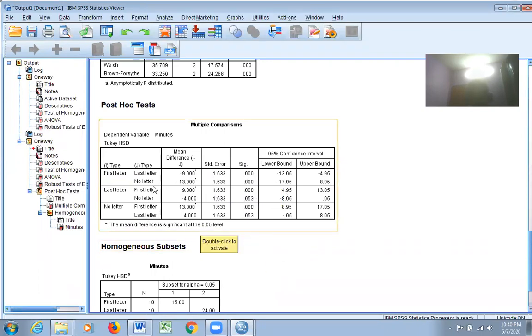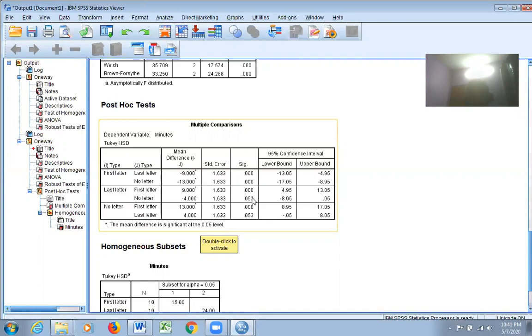Here you can see that there is a significant difference between those who received the first letter and those who received the last letter. In the same way, there's a difference between the groups of respondents who received the first letter and those who received no letter. So there's a difference between first letter and last letter groups, and between first letter and no letter groups.